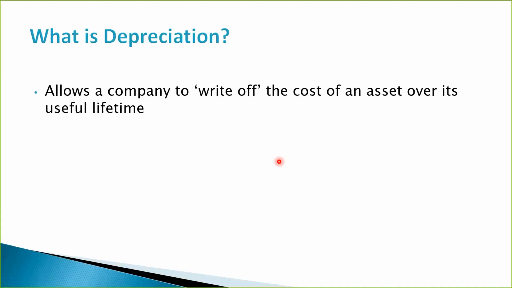So just going back a bit, let's remind ourselves what we said depreciation is. Depreciation basically allows a company to write off the cost of an asset over its useful lifetime. We talked about how some assets are usually capitalized and others are expensed.